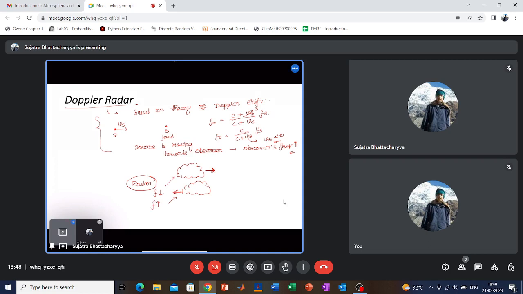This is how the Doppler radar works. This is a simple mechanism based on which it is working. And again, the energy reflected to energy incident, because it has given some energy and reflects some energy, gives the rainfall amount. Now, it's not exactly equal, but there is a complete equation, which gives the rainfall amount.